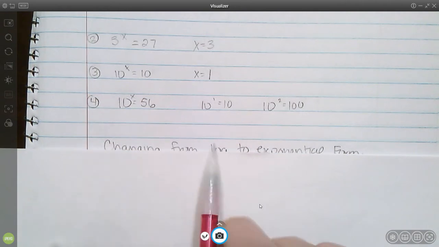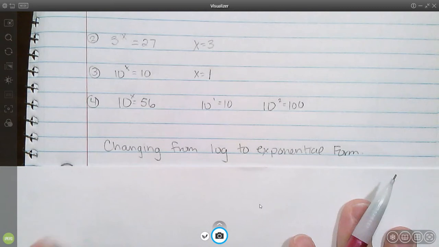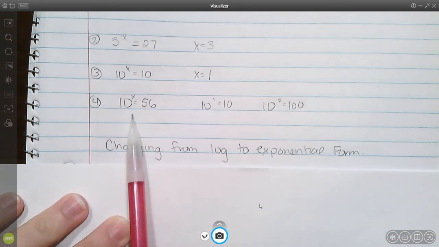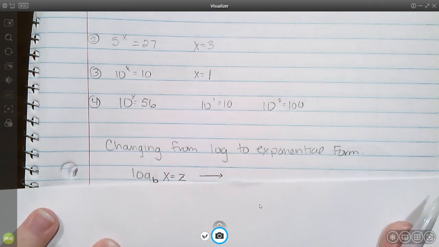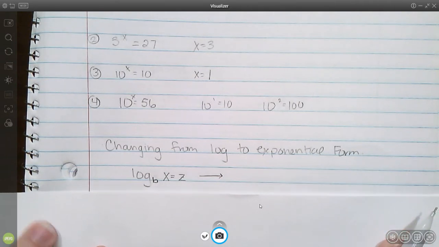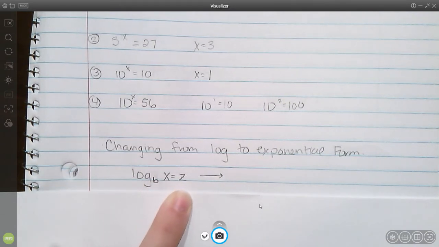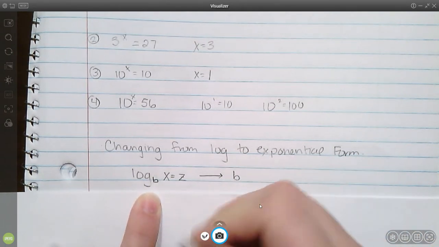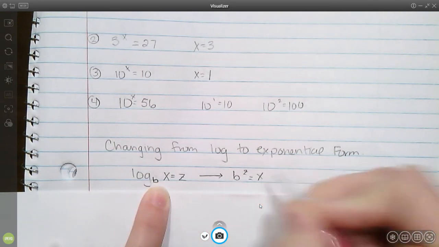So what you can do is change this problem from logarithmic to exponential. Or actually in this case, from exponential to logarithm. So if I have log base b, so log is just shorthand for logarithm, base b of x equals z, I can rewrite this as b to the power of z equals x.